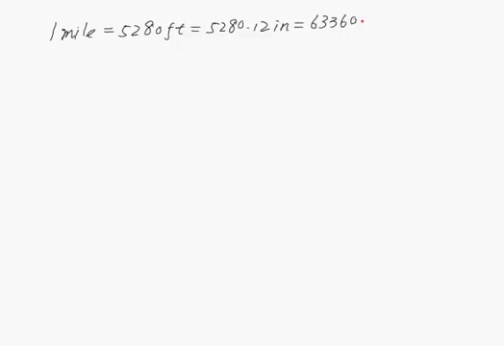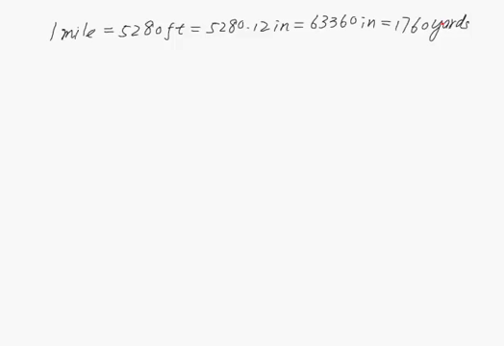And this is equal to 63,360 inches. And this is equal to 1760 yards. Okay, and this is a very useful conversion. Okay, you need to remember that.